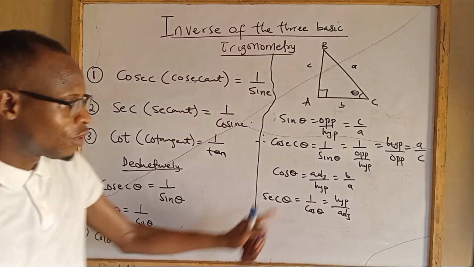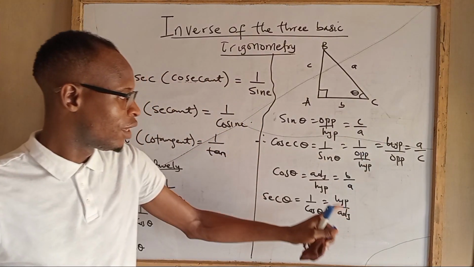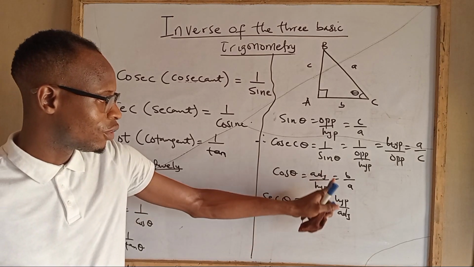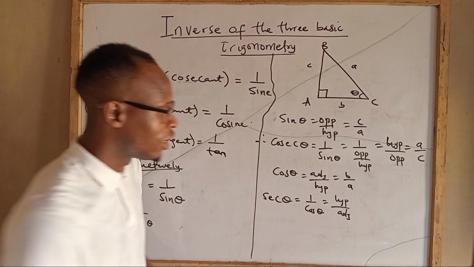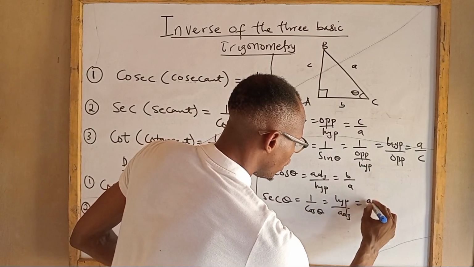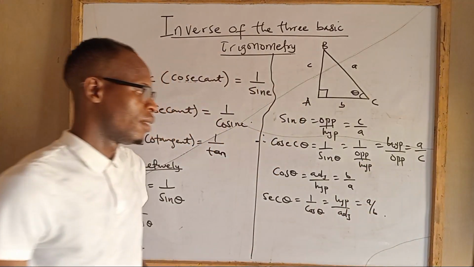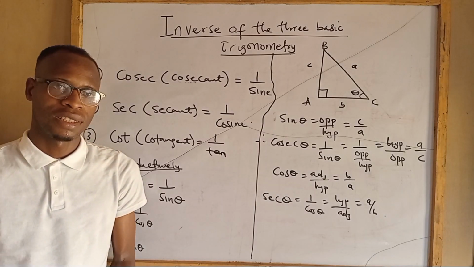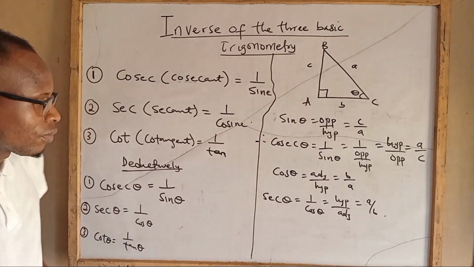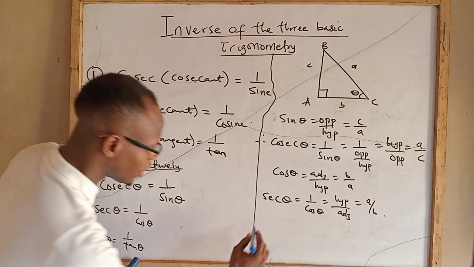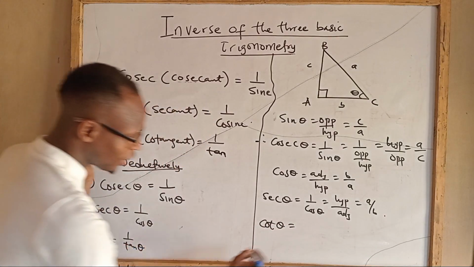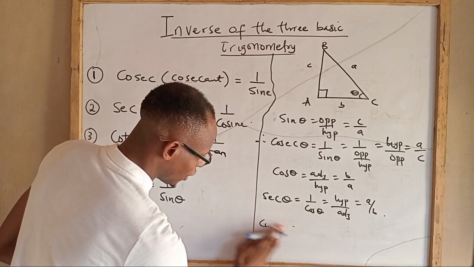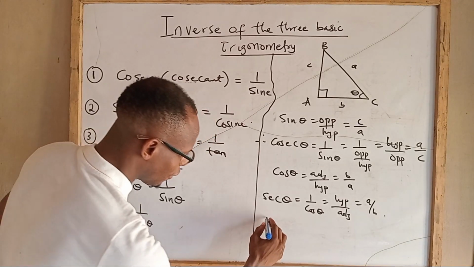Just like what we did last time, if cos theta is equal to adjacent over hypotenuse, then the inverse of cos theta will be hypotenuse over adjacent. And this also changes to A over B. Do you understand that? The last one is cot theta, which we said is the inverse of tan theta. Before that, let's get tan theta first.